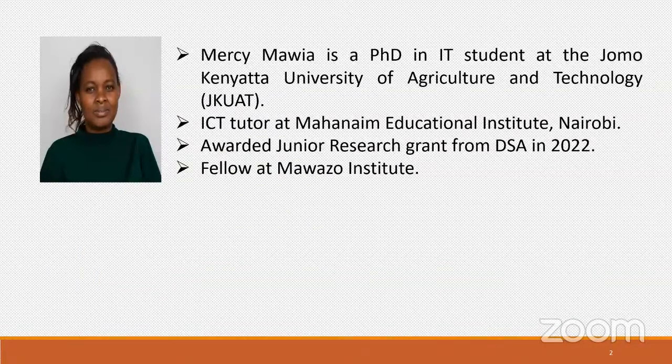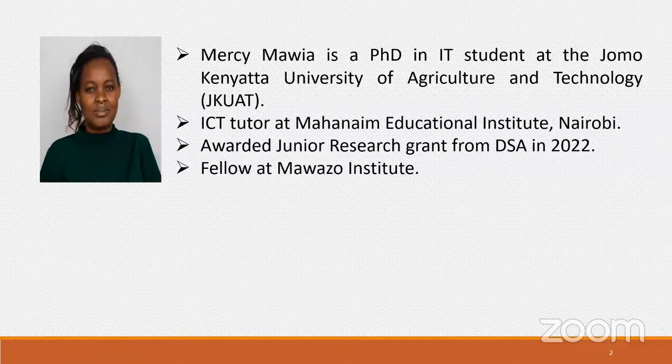I am a PhD student in IT at Jomo Kenyatta, and I'm also lecturing at an institution here in Nairobi called Mohammed Education. I was awarded the junior research grant from DSA, and I'm currently also a fellow at Mawazo Institute.